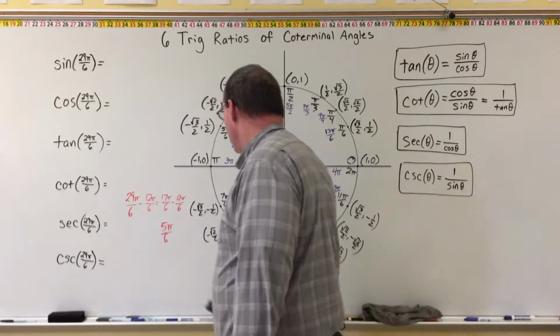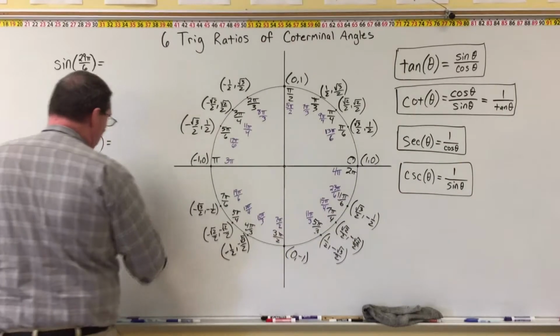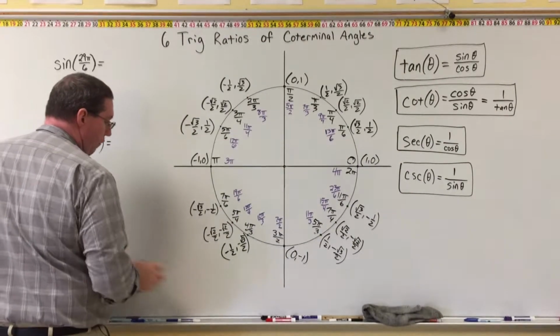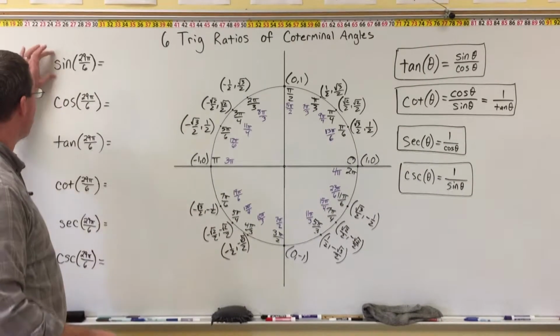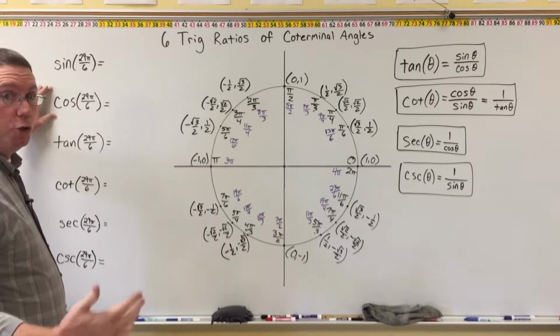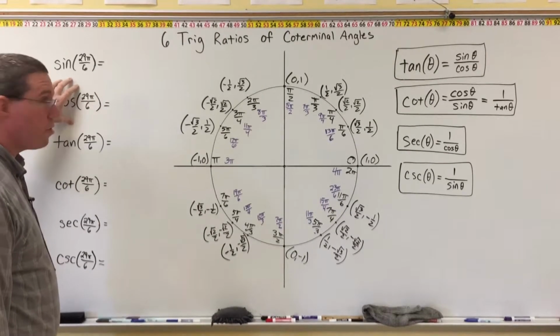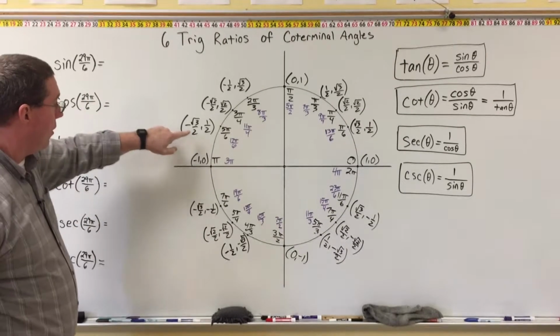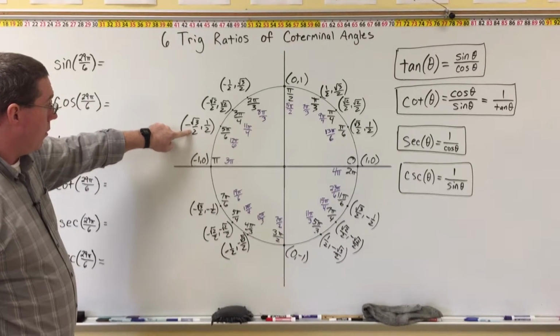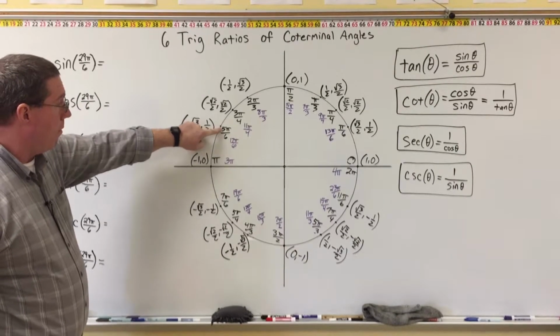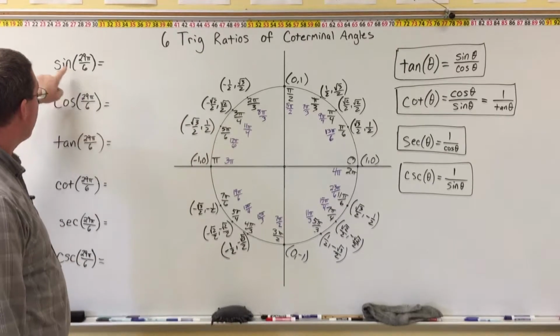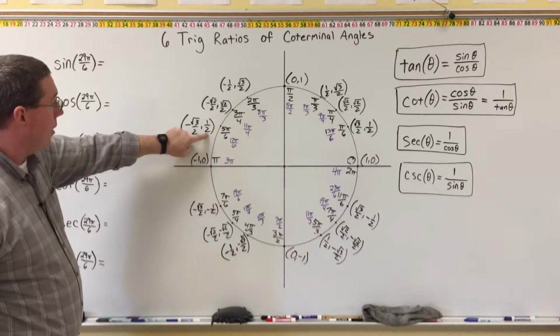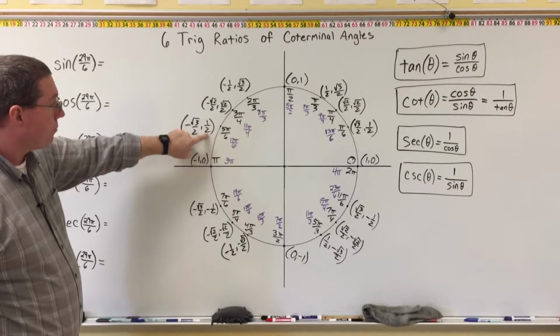So now, if we're going to identify all of the trig ratios, the first two that we need are sine and cosine. Do you recall that cosine is the x-coordinate of the point on the unit circle, and the sine is the y-coordinate of that point, okay?